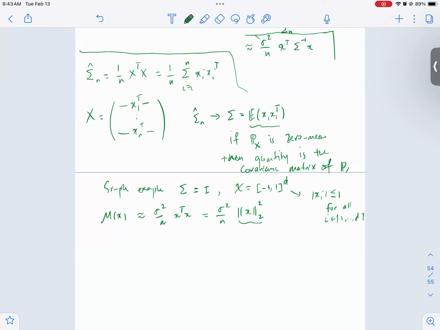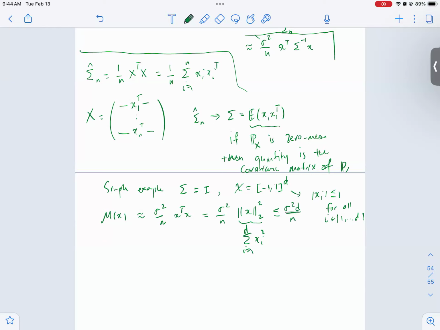This is the sum of the squares of the x_i's, sum of x_i squared for i from 1 to d. What is the largest it can be? Each term is at most one because it's the square of something at most one, so a good upper bound is d. So what we get is sigma squared d over n.